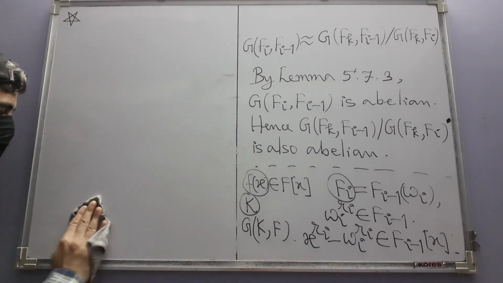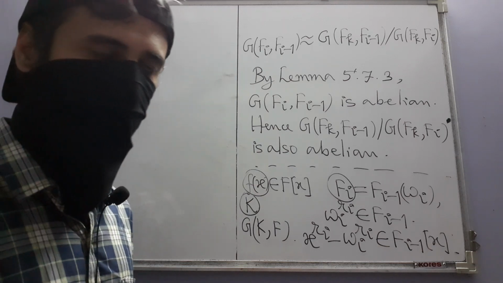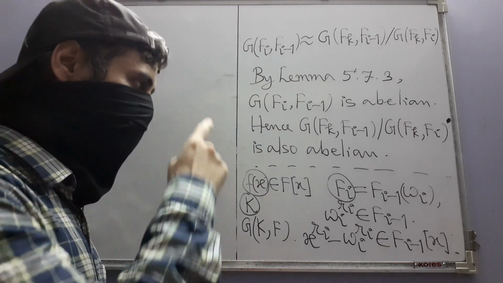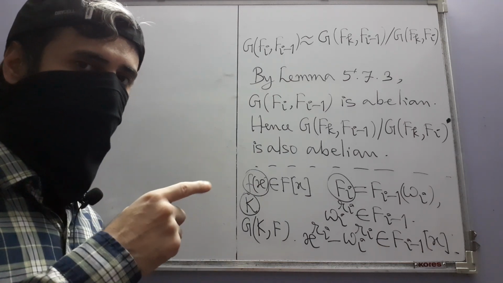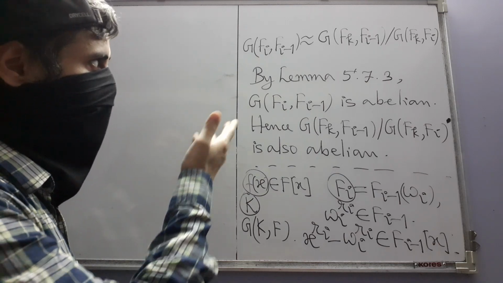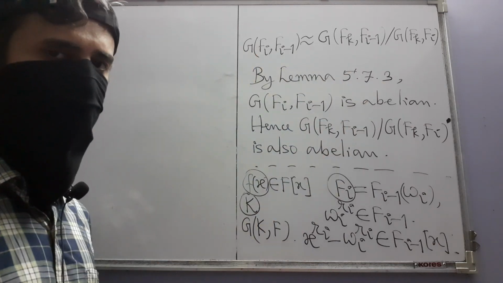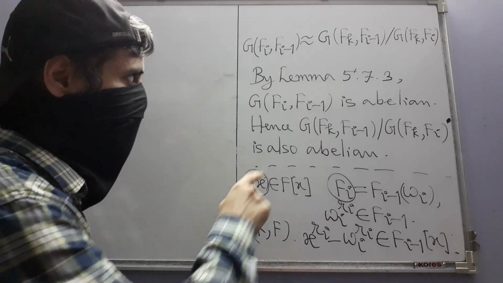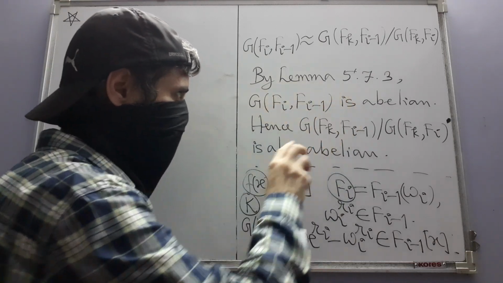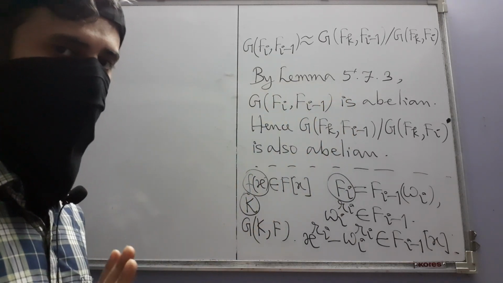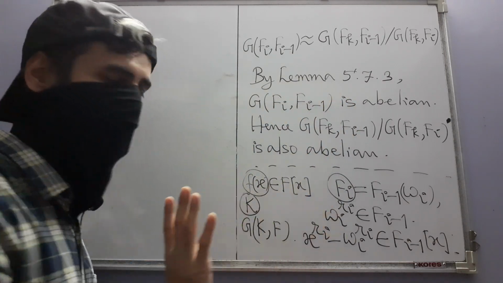I haven't gone into more details of how the fundamental theorem of abelian groups, for example, lets us conclude these things, but that is extremely easy. In fact, the application of lemma 573 is not immediately clear, so we have discussed that part.